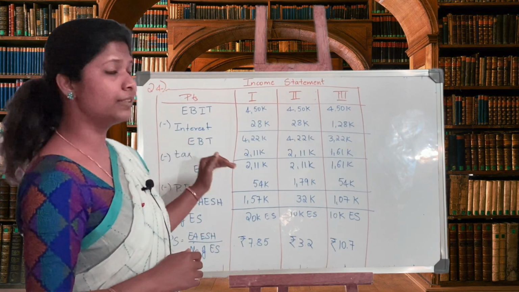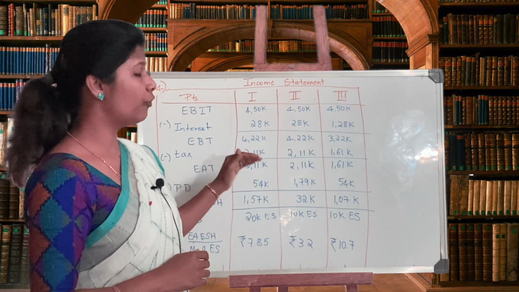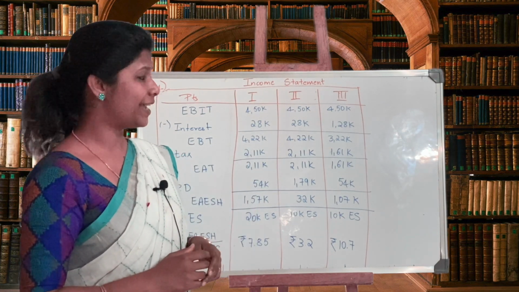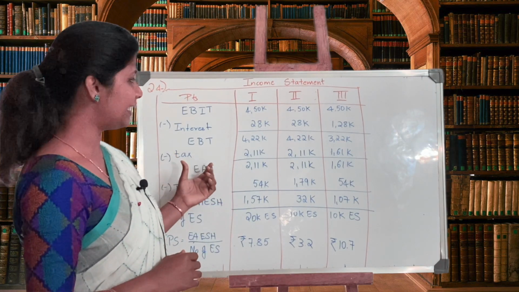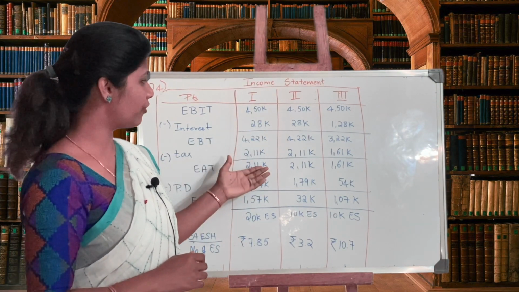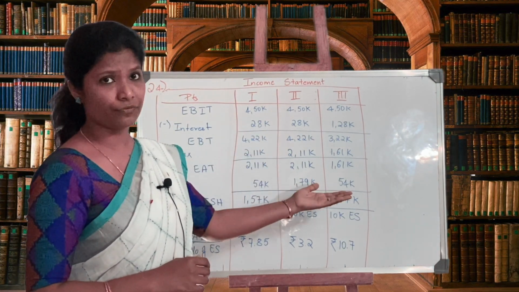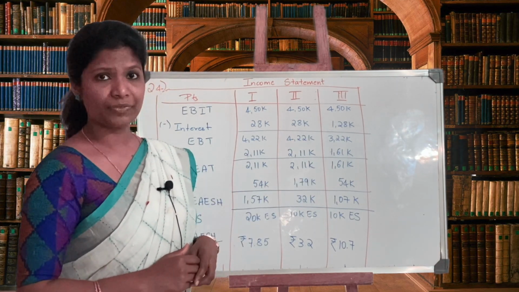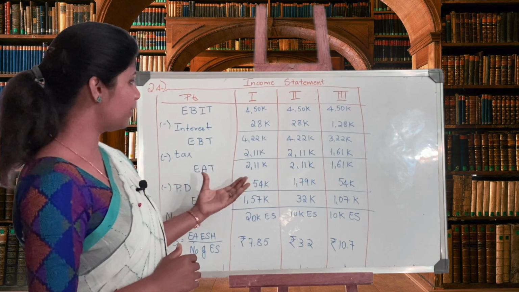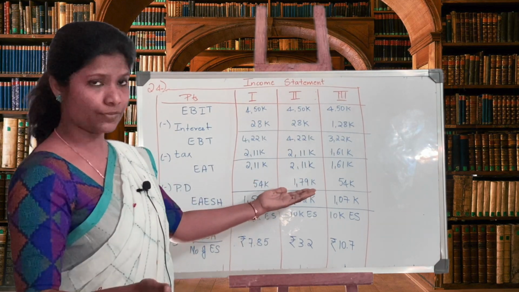Once we deduct it, earnings before tax are 4,22,000 for the first 2 plans and 3,22,000 for the third plan, and tax is 50%. Half of that is 2,11,000 for the first 2 plans and 1,61,000 for the third plan. So earnings after tax is the same amount, the rest of the 50%.